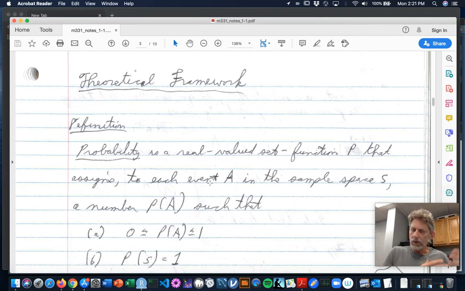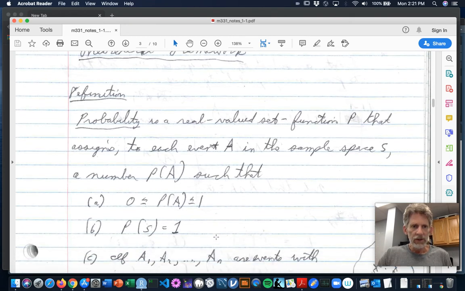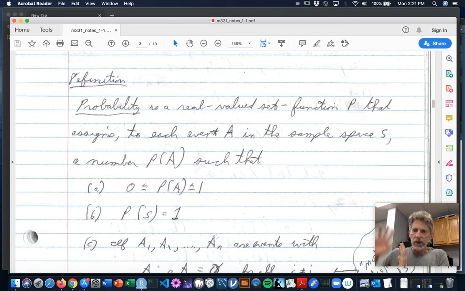Let's set up a little bit more theoretical framework so that we can jazz up our intuition with more mathematical reasoning. So let's have another go at the definition of probability, but more from the point of view of set theory than from the point of view of this idea of long run repeating the experiment a lot of times. So in this definition, the probability is not like the probability of any one thing.